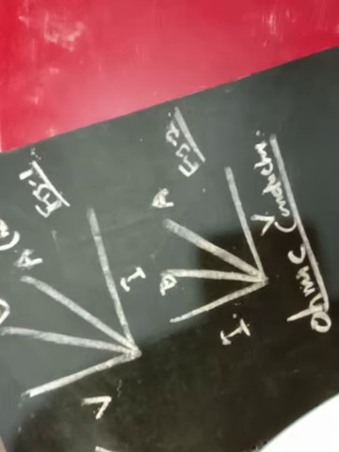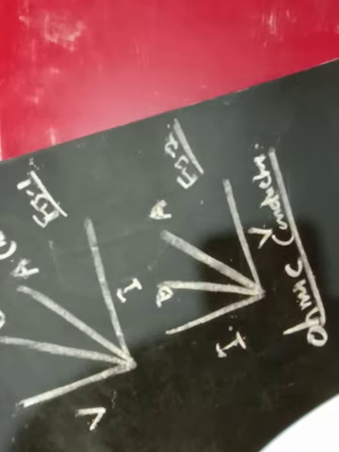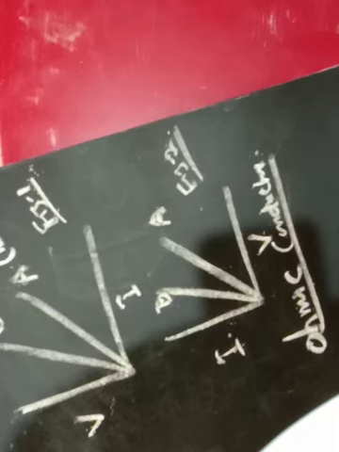Ohmic conductor, the conductor which follows Ohm's law. Example: aluminium, copper. These are the ohmic conductors. If you talk about the non-ohmic conductor, it doesn't follow Ohm's law. In case of a non-ohmic conductor, we will find some different type of graph.